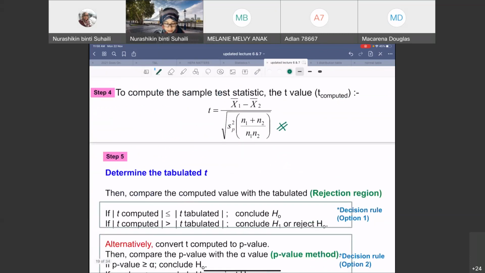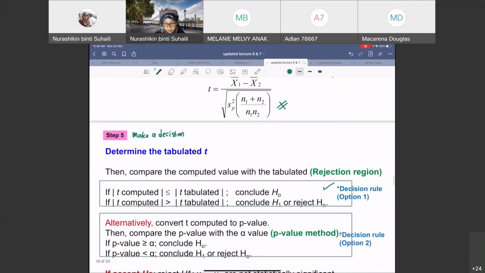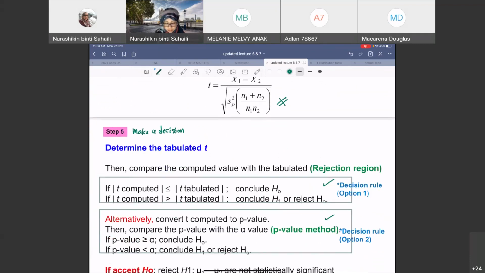Step 5, make a decision. Make a decision by comparing t computed and t table. So this is the decision rule. Alternatively, you can use the p-value method. Okay, that's option 1 and 2, the same thing.